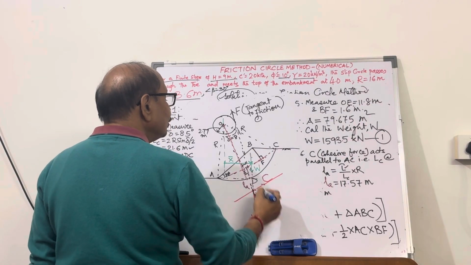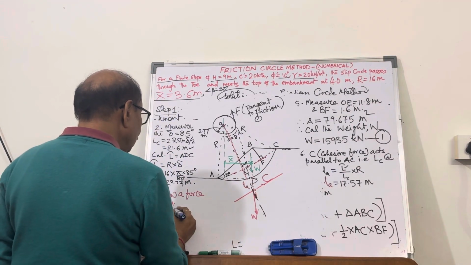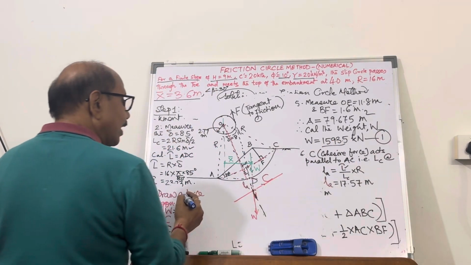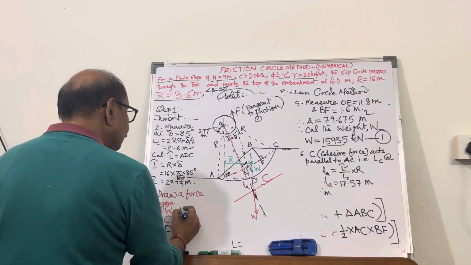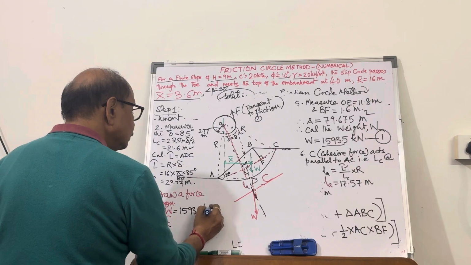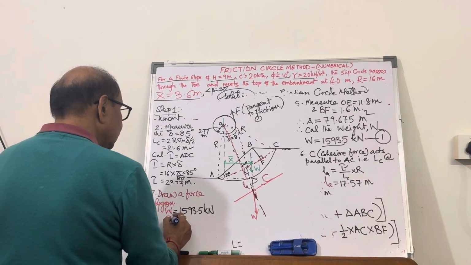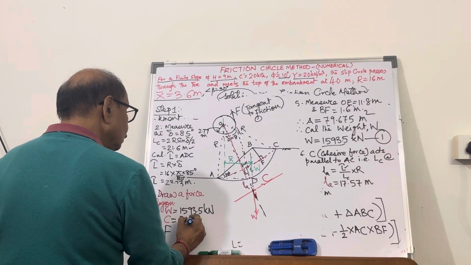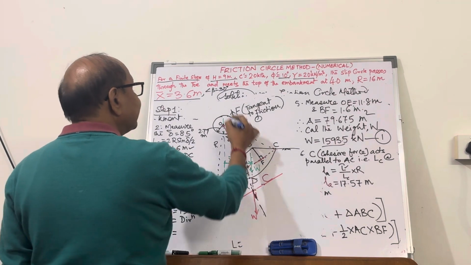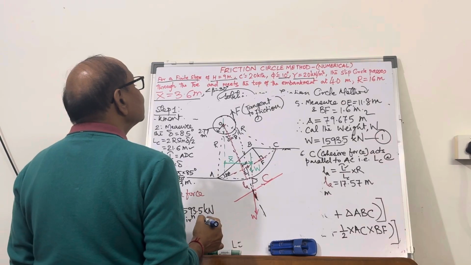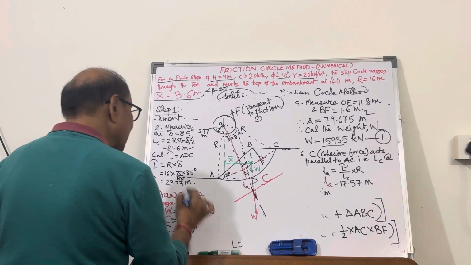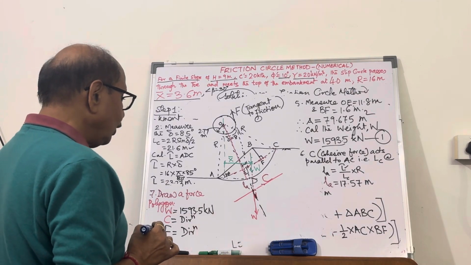So you are going to have now W, which you have already calculated as 1593.5 kilonewton. C direction is known, and this resultant intergranular force F, its direction is known. Magnitude we do not know.